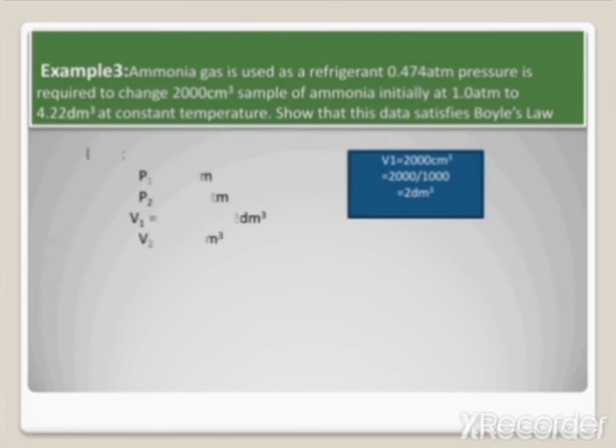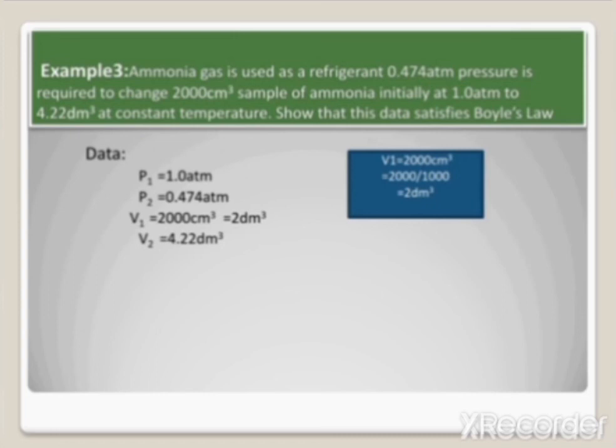According to the data, initial pressure is 1.0 atmosphere and final pressure is 0.474. Initial volume is 2000 cubic centimeter and the final volume after applying pressure is 4.22 cubic decimeter.